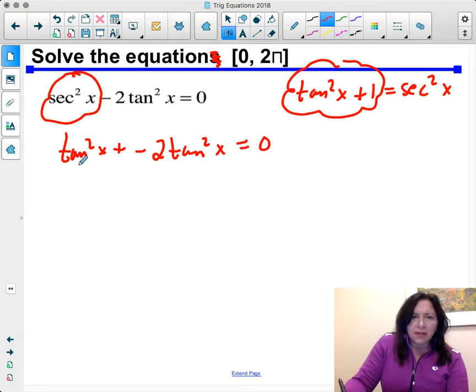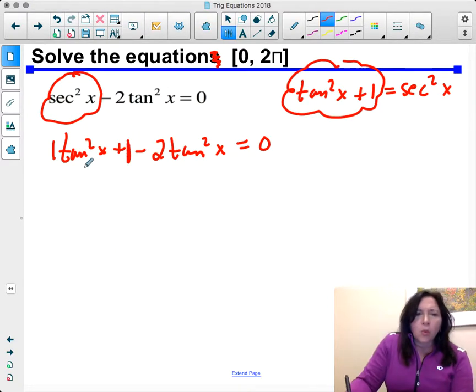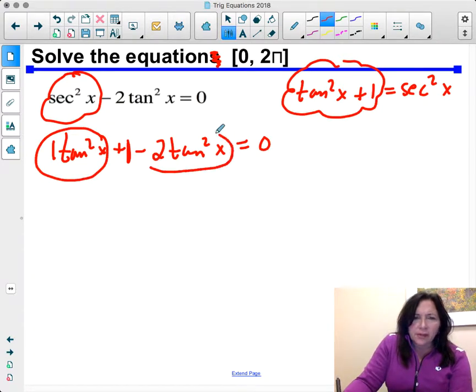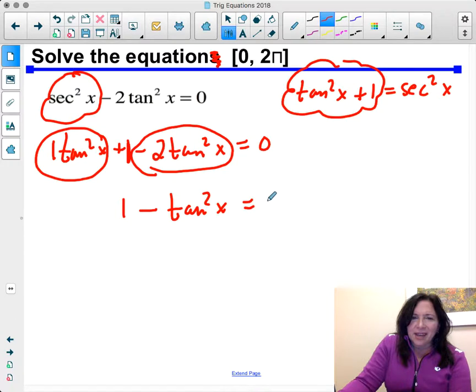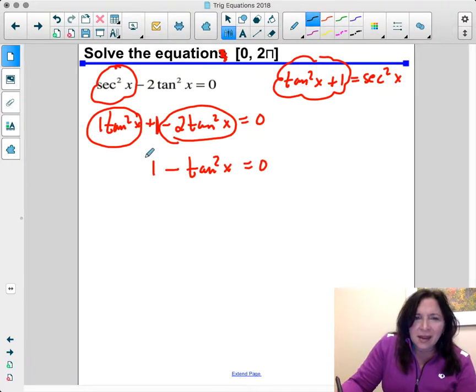Well, one of these minus 2 of those, I feel like I missed a 1. Oh, I forgot my 1. Anyway, one of these minus 2 of these is going to give me minus tangent squared of x. So I have 1 minus tangent squared of x is equal to 0. And I'm going to move my tangent over to the other side.